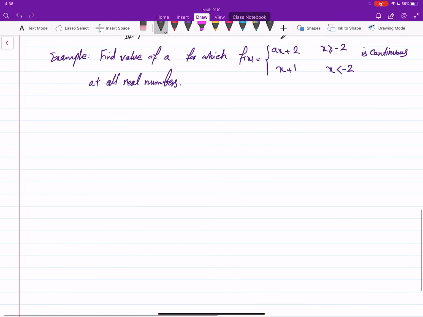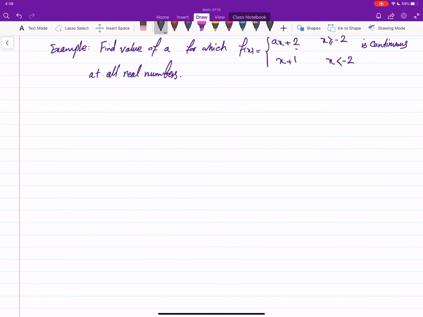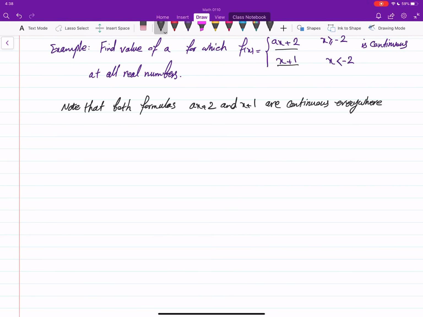So again, as we had before, you have to note that each formula for itself may have its own discontinuities. But in this case, note that both formulas, I mean ax plus 2 and x plus 1, are continuous everywhere. Why?